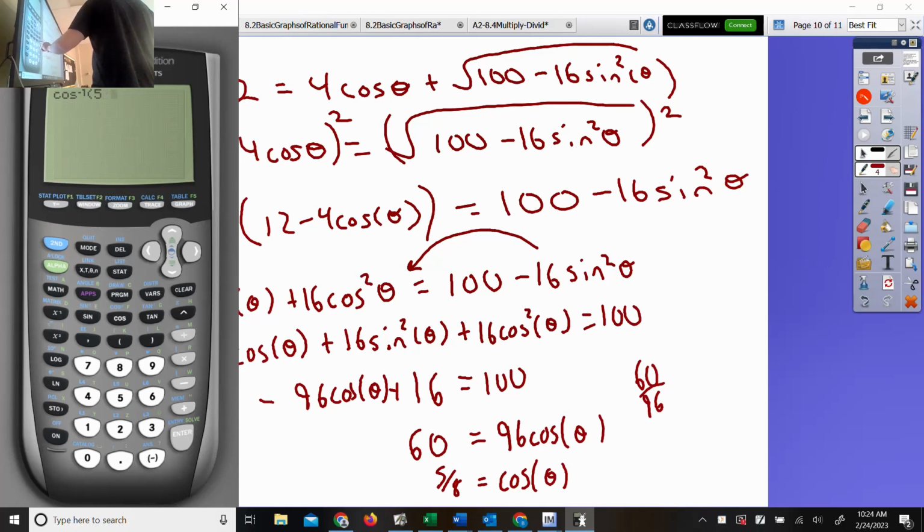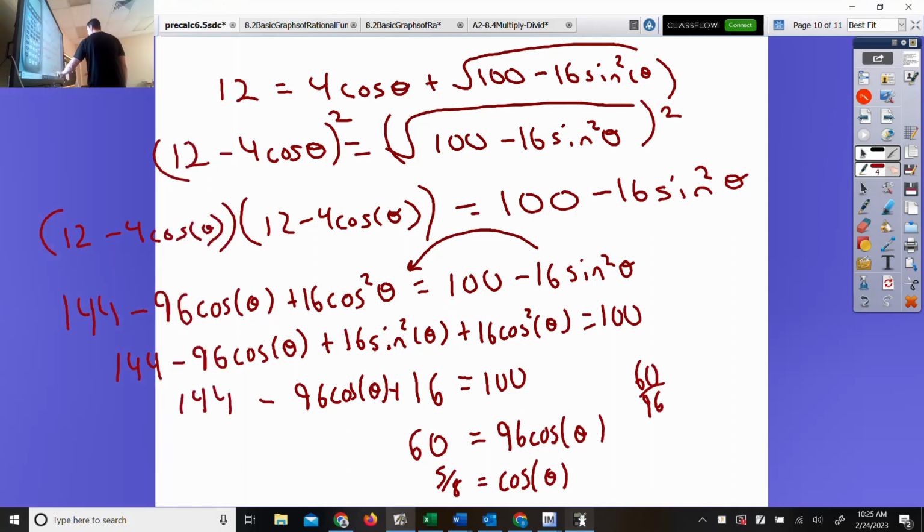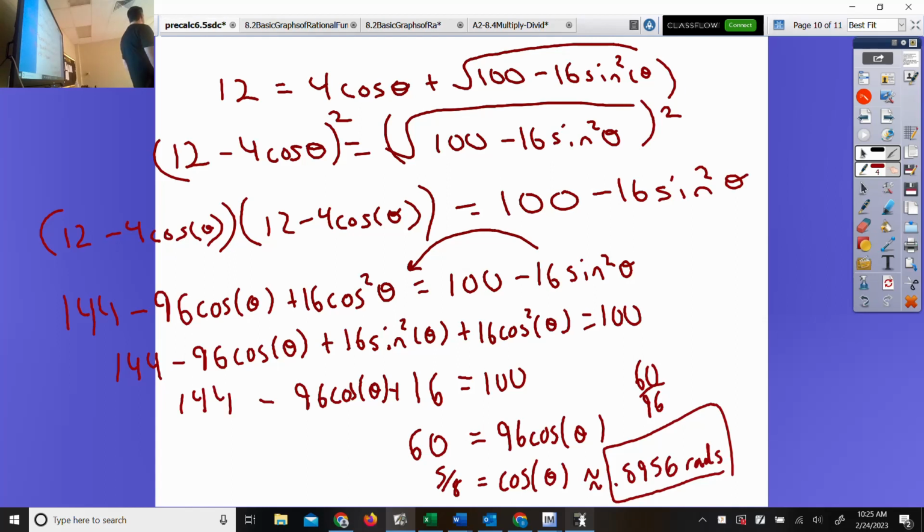Arc cosine of 5/8 is 0.8956 rads. That's sadly not your answer. Your answer was when, wasn't it?